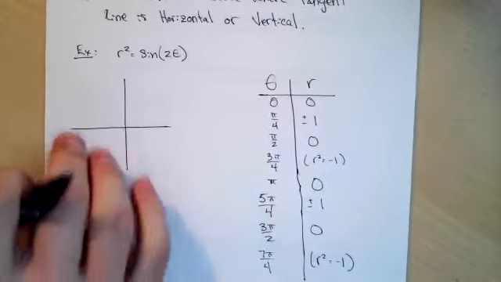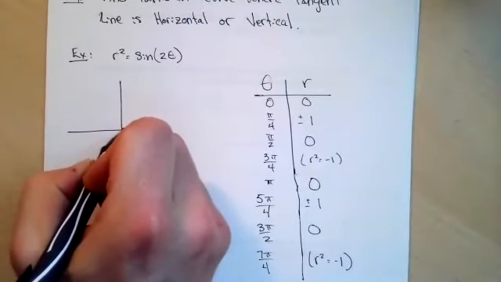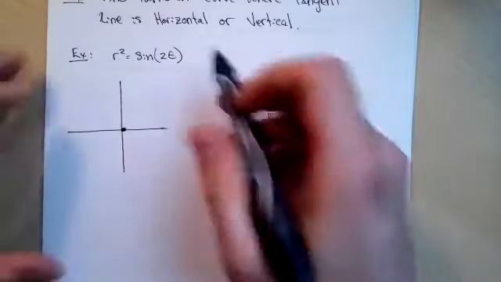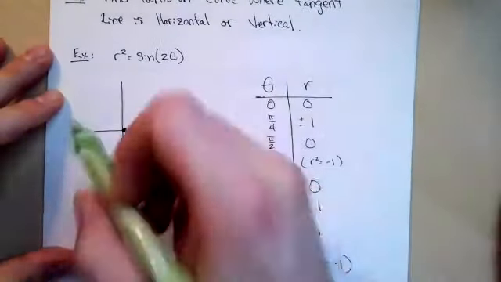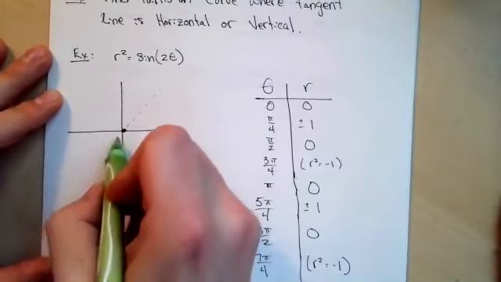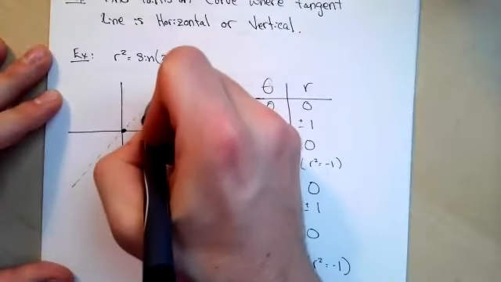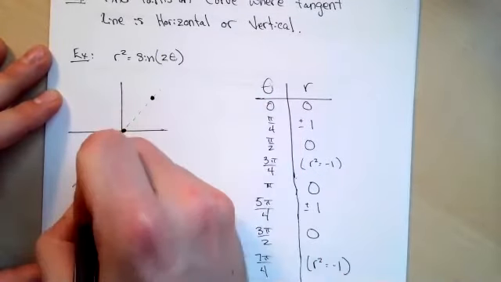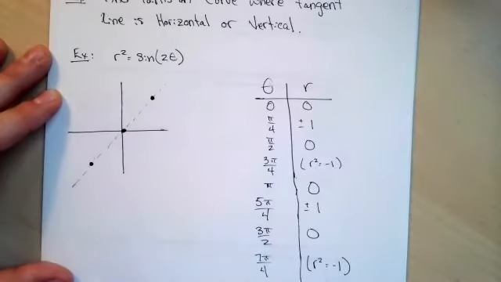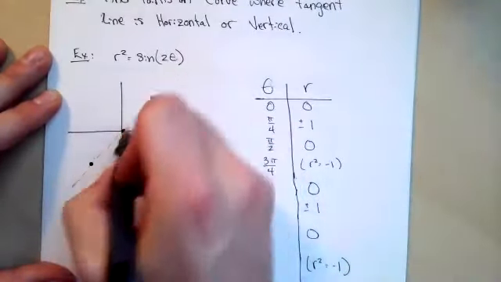Let's see what's going on at these other angles. At 0, we're at 0. At pi over 4, we have points plus and minus 1. Then at pi over 2, we are back at 0.